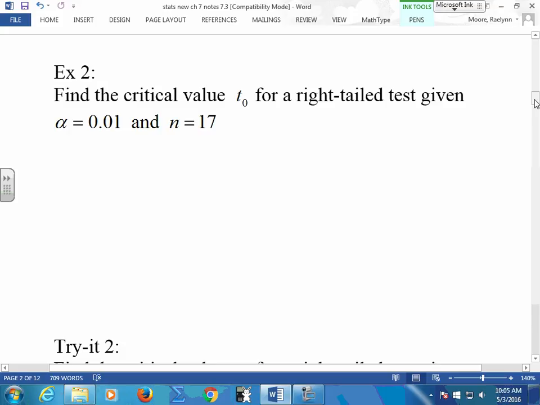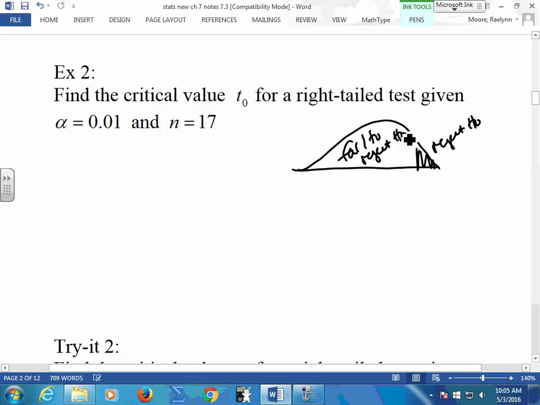A right tail test. Same exact way. This is what's nice about your table. It doesn't matter where it goes. It gives you, on the top, one tail, two tails. So what you have to keep track of is your degrees of freedom. So follow your degrees of freedom.